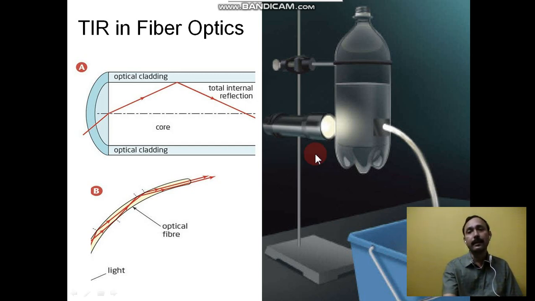Now here there is a picture. We know light always moves in a straight line, but suppose this is a plastic bottle. There is a small hole and it is filled full of water.